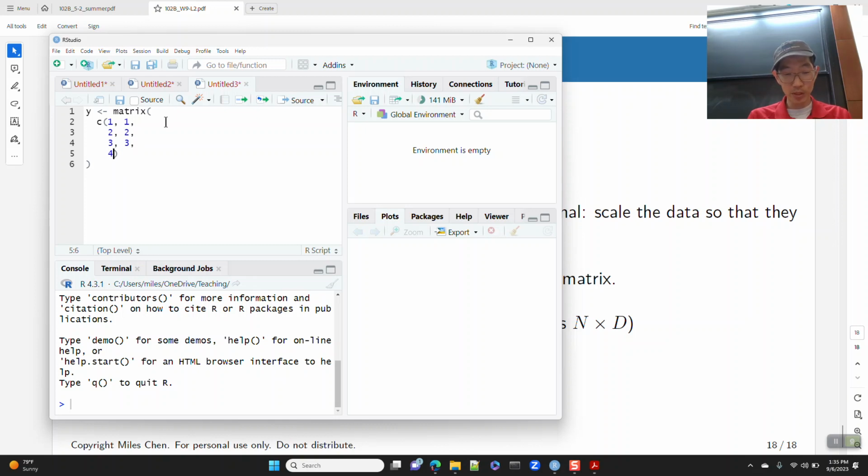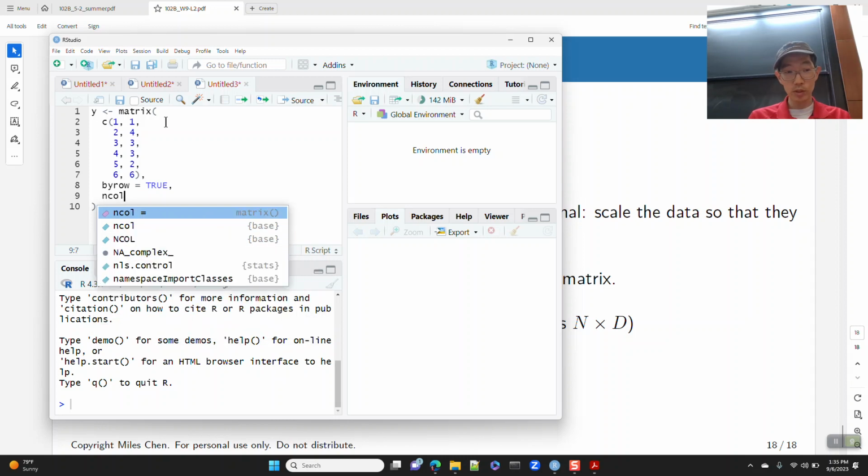Let me just make a, okay, and let's change things up here. So let's do 2, 4, 4, 3, 5, 2, 6, 6. Okay, so we'll do that. We'll do byrow equals TRUE, number of columns equals 2.